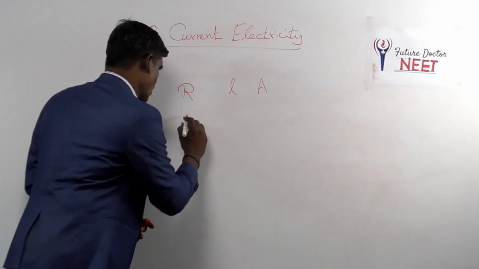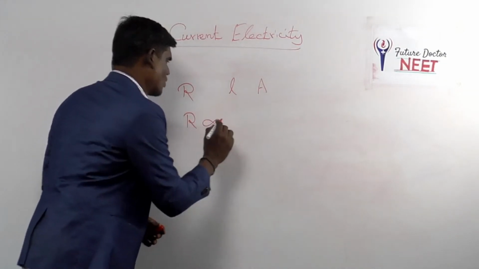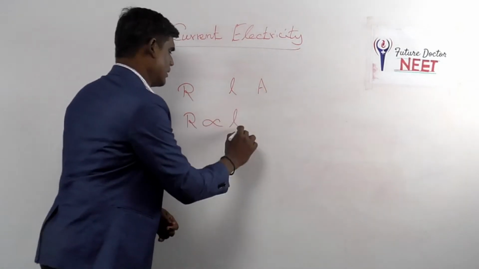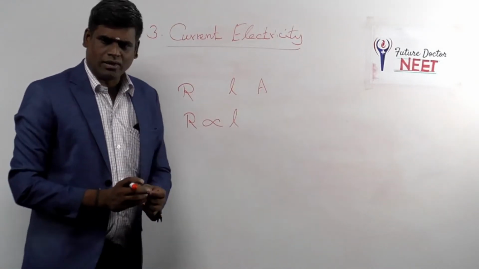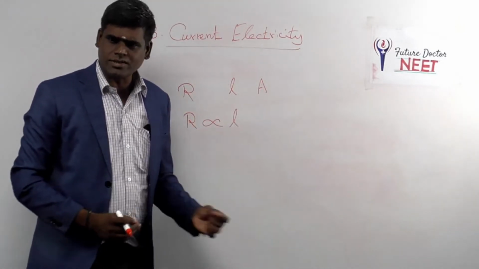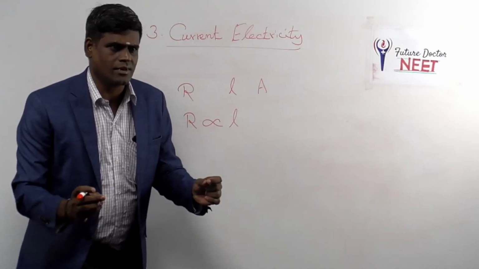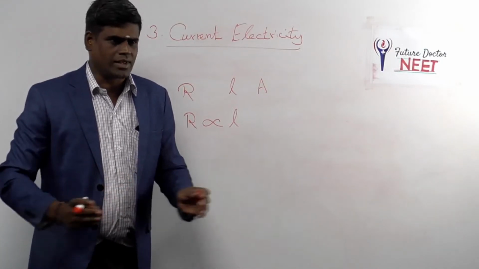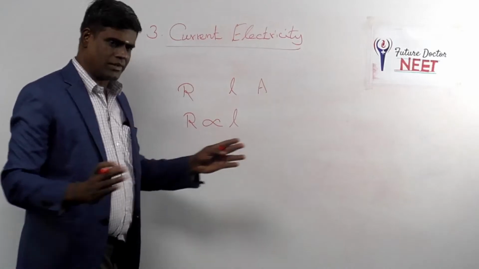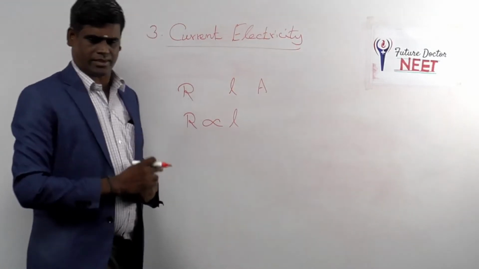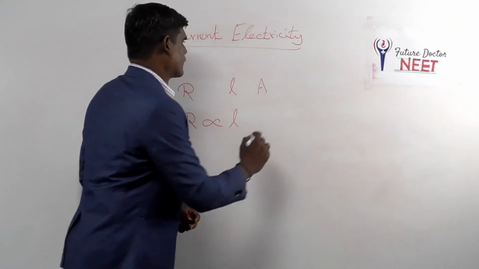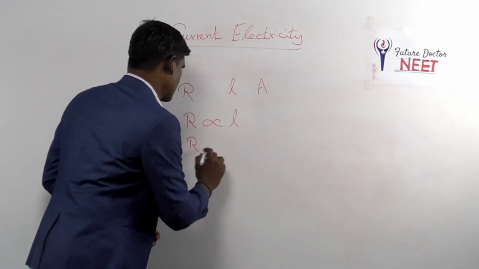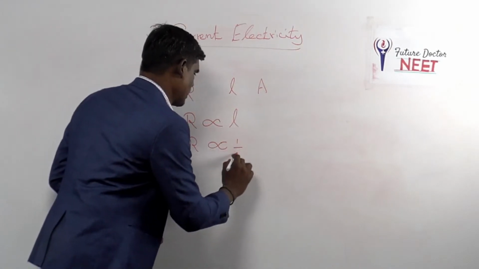R is proportional to L. When length increases, resistance increases. When length decreases, resistance decreases. And what about area of cross section? R is inversely proportional to the area of cross section.